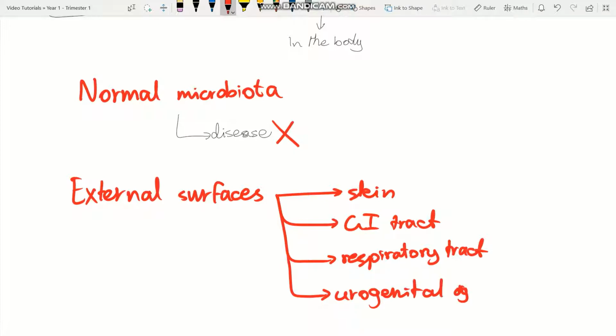And why are these places called external surfaces? Well, if we take the GI tract as an example, it's essentially just a tube that passes from your mouth to your anus. And if you think about it conceptually, it's open to the external environment, because you take in food from the external environment and essentially defecate into an external environment as well. So the GI tract is open as an external environment.